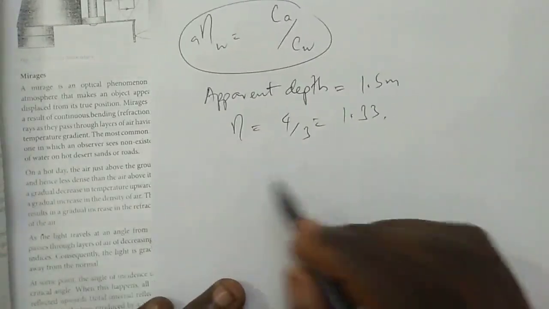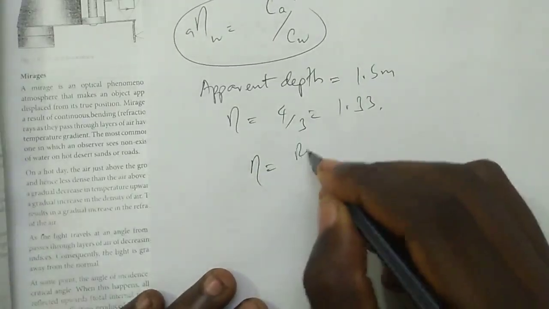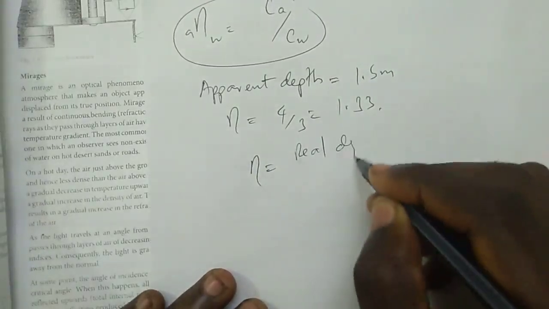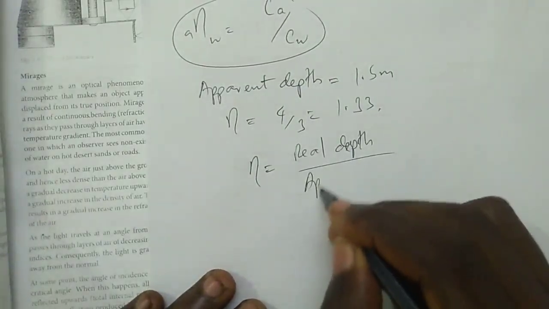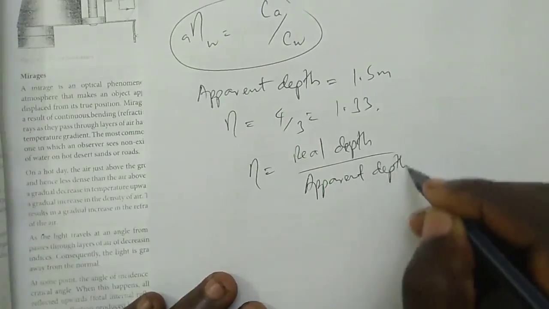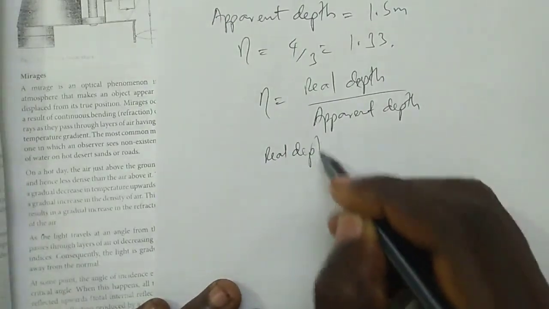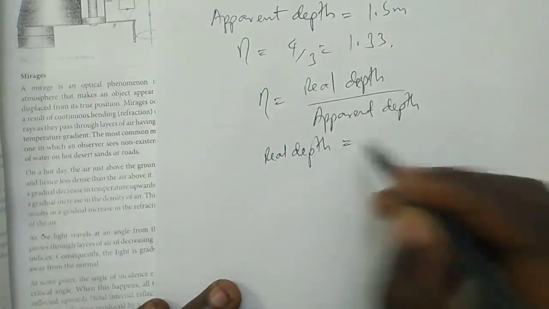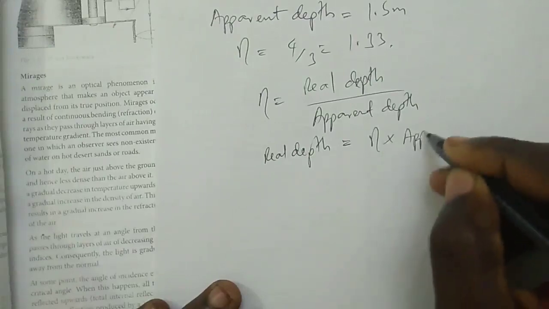Real depth of the pool naipataje? Refractive index is equal to real depth gawanya kwa apparent depth. So the real depth of the pool is equal to refractive index times apparent depth.